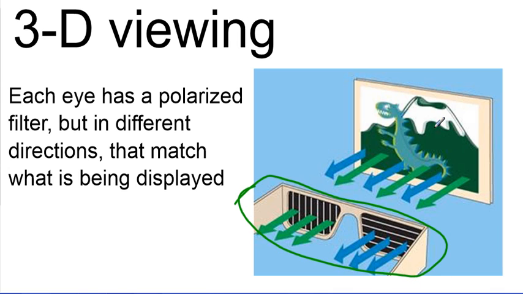But once you put these glasses on, it filters the light going into each eye, and once that happens, your brain will compile it together into a 3D image. It's not exactly that your eyes see, per se, it's your brain that takes in the data from your eyes and formulates the image that your brain sees.